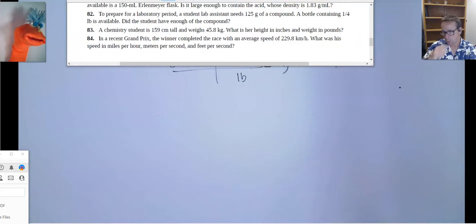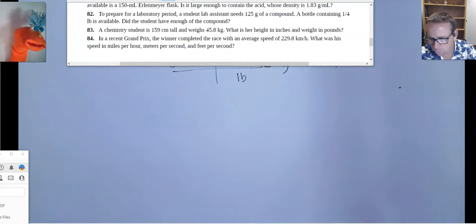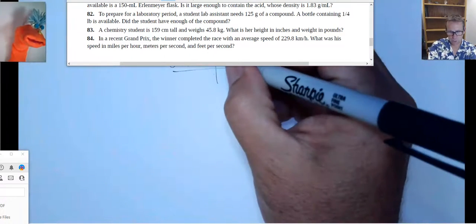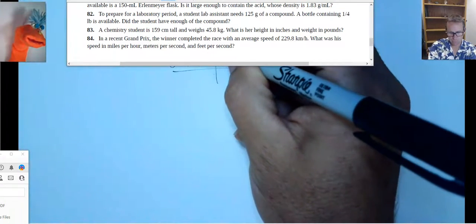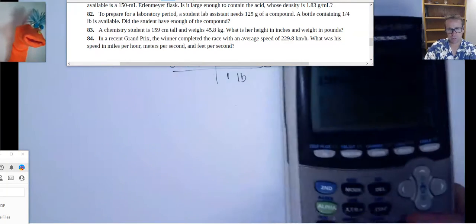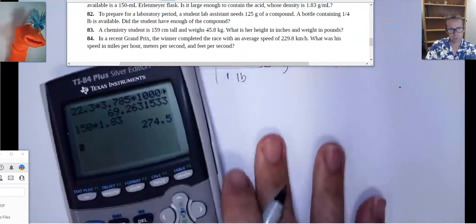How many pounds per gram? 4 grams is 0.00882 pounds. So if I have 1 pound, that's 453.6 grams. All right, so 453 times 0.25.